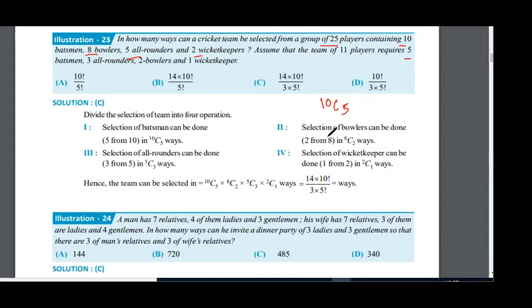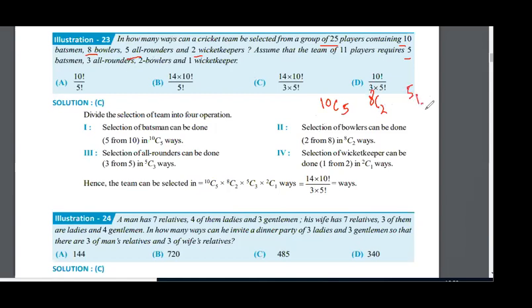Agree? Agree, yes or no? Then total number of bowlers was 8. Out of 8, you need only 2 bowlers. So 8C2. And we had 5 all-rounders. Out of 5, you need 3 all-rounders.